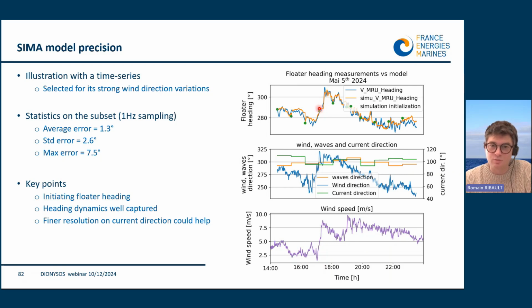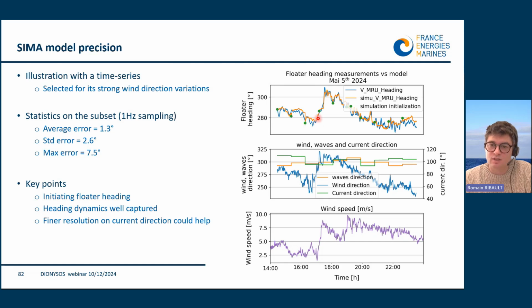This is thanks to initiating the floater heading. You can see here that at very low speed, there were several positions maybe possible in static on this SPM, but we initiate the heading at the beginning of the simulation, which matches the measurements and the simulation well.